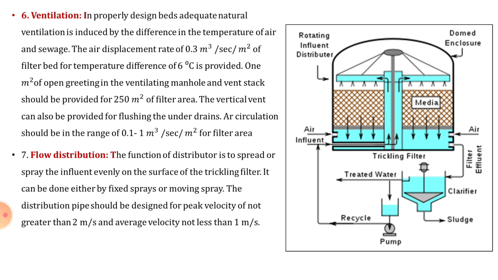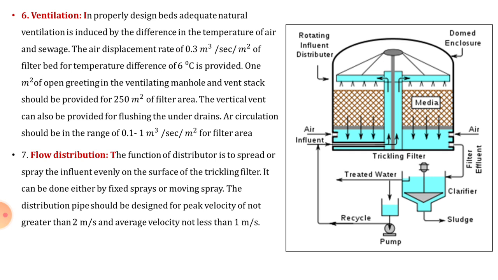The vertical vent can also be provided for flushing the under drains. Air circulation should be in the range of 0.1 to 1 meter cube per second per meter square of the filter area.